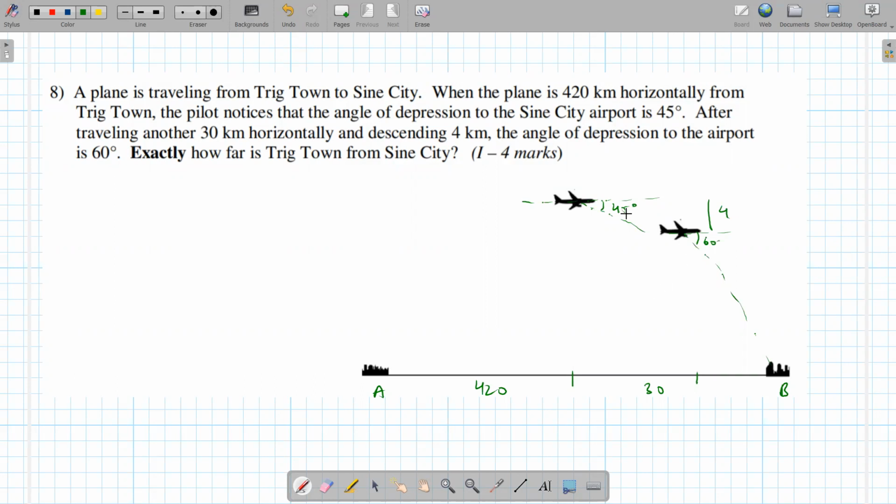Yeah, this is how you do this. Can you think of it? We need to make a triangle that looks like this.